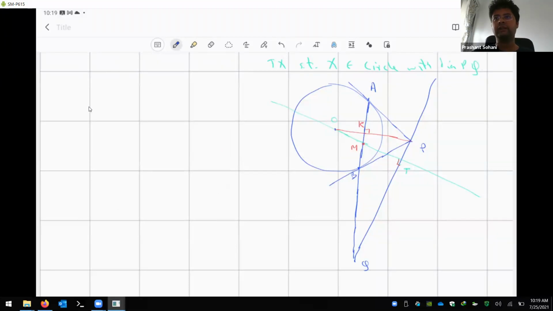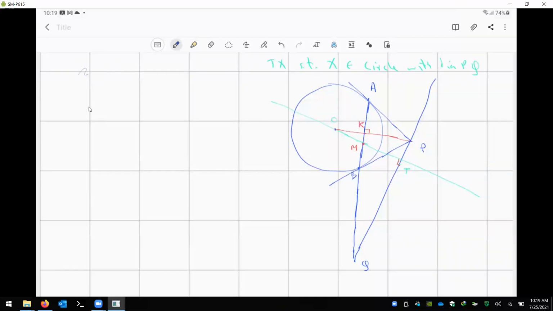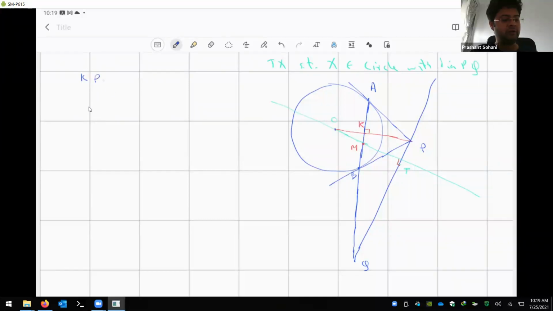So firstly, do you see a cyclic quadrilateral here? Correct. KPTM is cyclic.